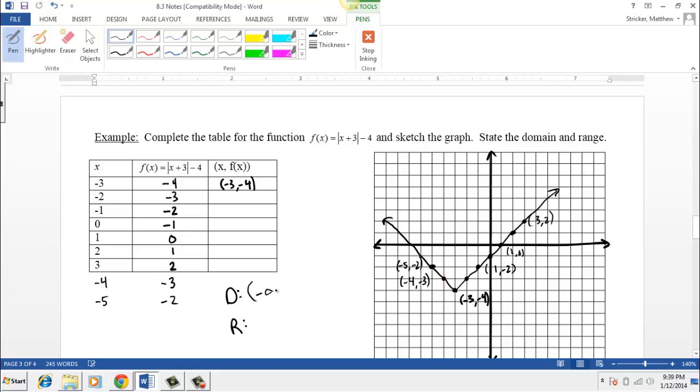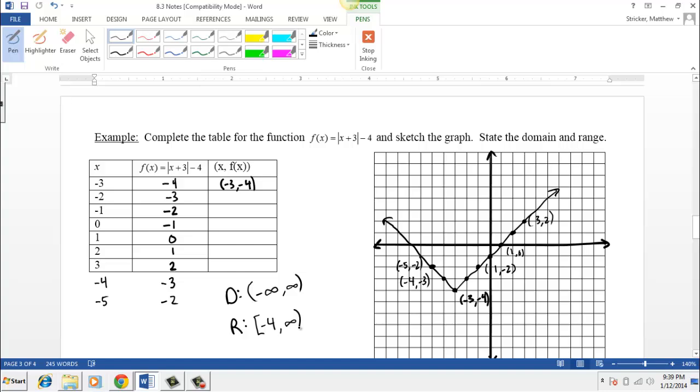It's -infinity to +infinity. But when I'm talking about the y's, the range here, it's not everything. Yes, the graph does continue to go up to +infinity, but it stops down here. Where does it stop? It stops at -4. So the range is everything from -4 to infinity.